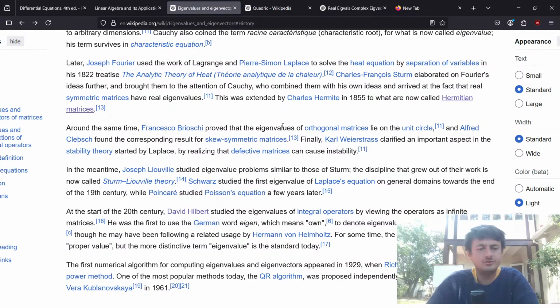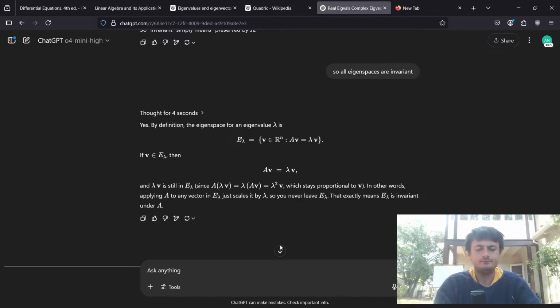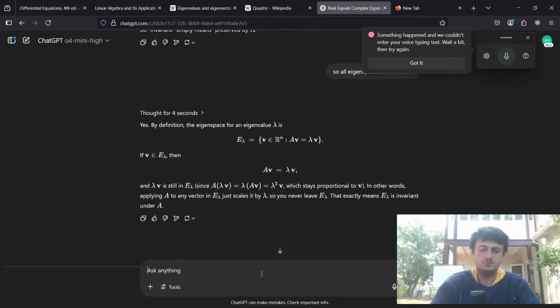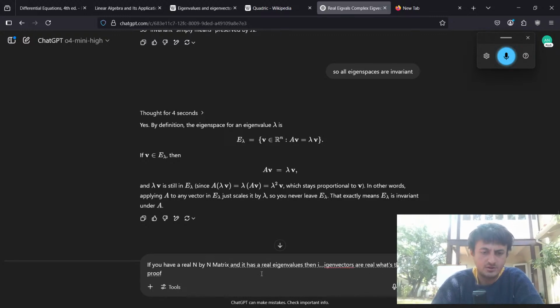If you have a real n by n matrix with real eigenvalues, then is it guaranteed the eigenvectors are real? What's the proof if so or not?